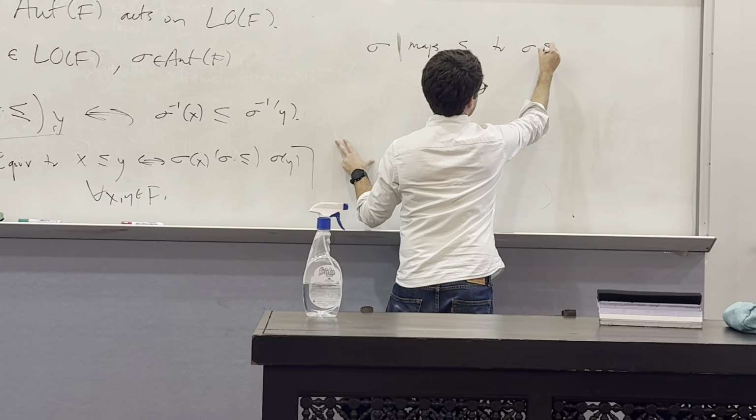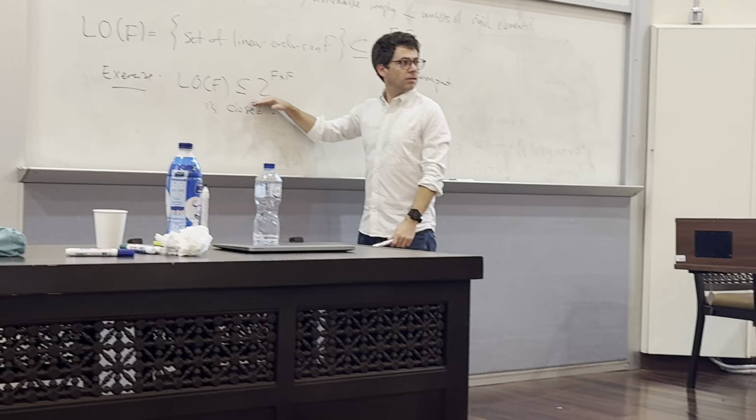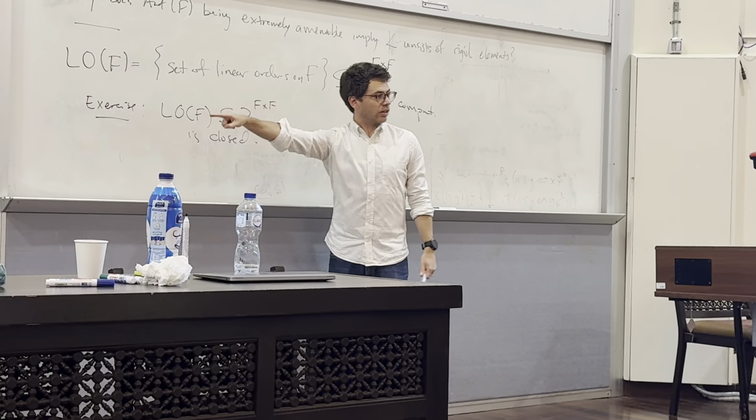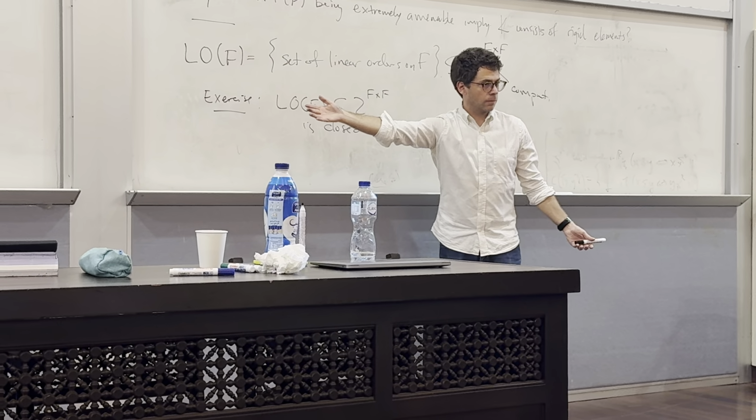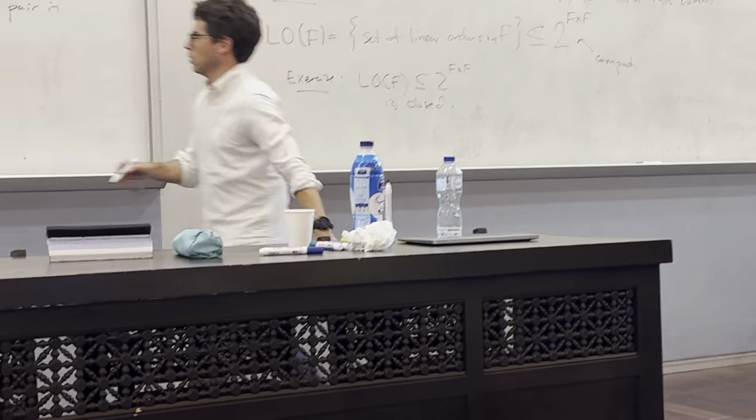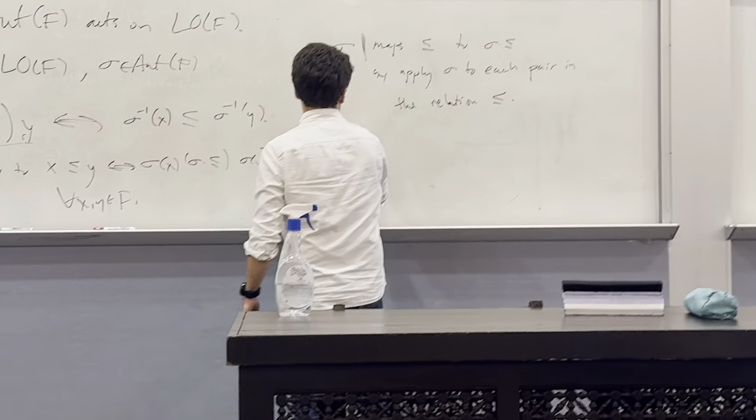Good. But now, let's assume that the automorphism group of F is extremely amenable. So we've got the space of linear orders. It's compact. It's acted on by Aut(F), so it's got to have a fixed point. So a fixed linear order.